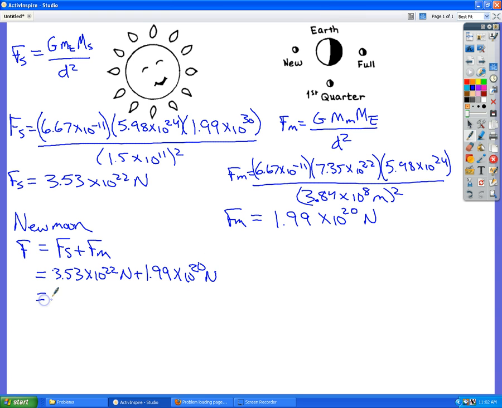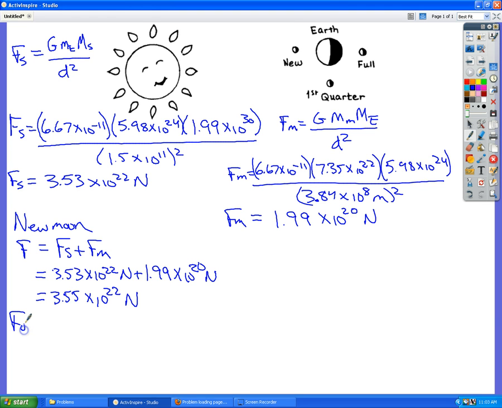And when you add those two together, you get 3.55 times 10 to the 22nd newtons. There's not a lot of difference there, other than you'll notice we added about 2 times 10 to the 20th, from here to here. If you do it in your calculator, it'll work out every single time.